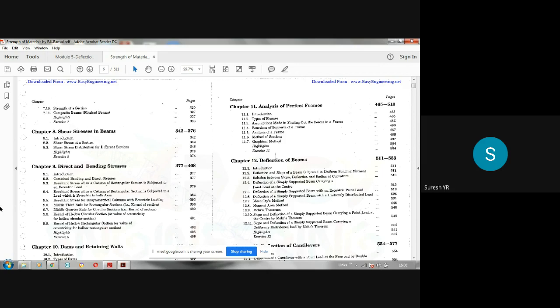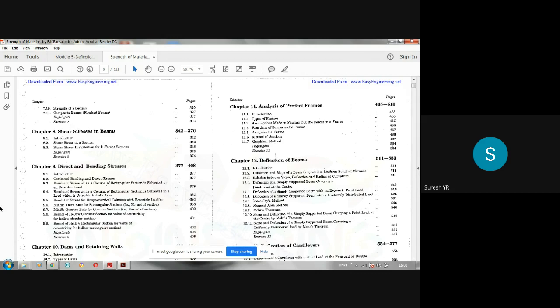That bending moment is equal to EI into d square y by dx square. We integrate with respect to x. 12 into x integrates to x square by 2, minus 10 into x minus 2 integrates to x minus 2 whole square by 2, minus 15 into x minus 3 integrates to x minus 3 whole square by 2, plus C1.